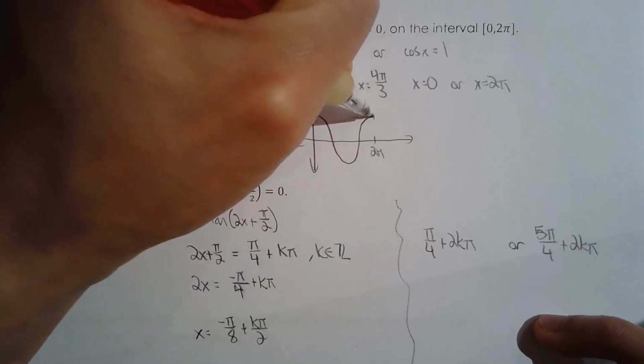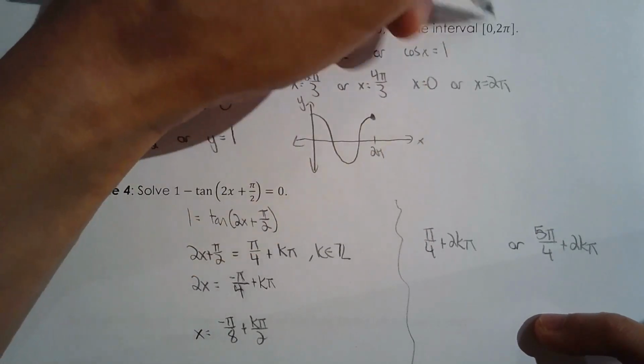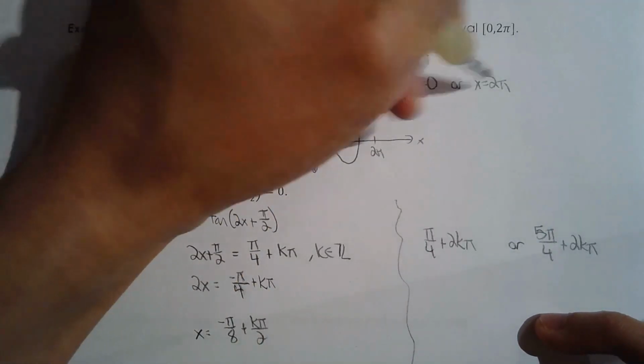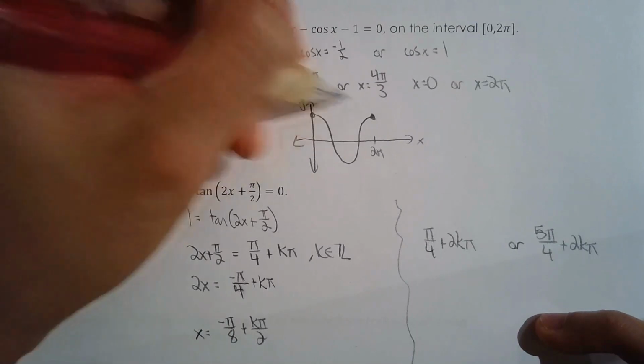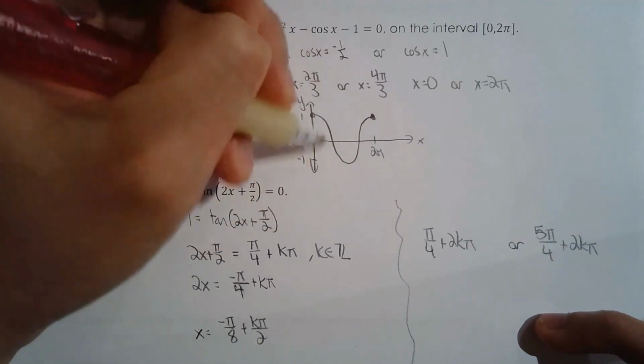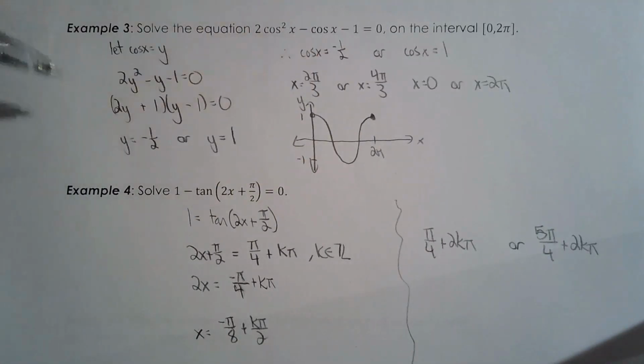Here I put a closed circle because of the restriction up top of 0 to 2 pi. So for these 4 answers, it's really helpful to know the graph of cos x, and then you'll be able to see the 4 answers. There should be no more than 4 answers and no less than 4 answers. So your graphing is really helpful when it comes to solving trig equations.